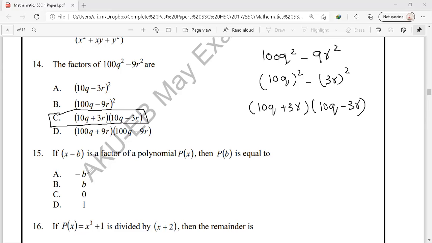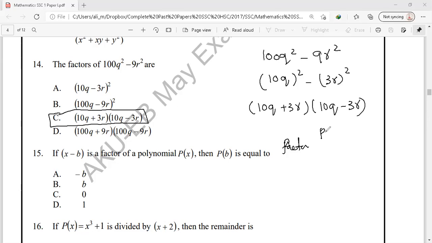So let's see question number 15. If x minus b is a factor of this polynomial, then we have to find the value of p of b. So we are given a factor.